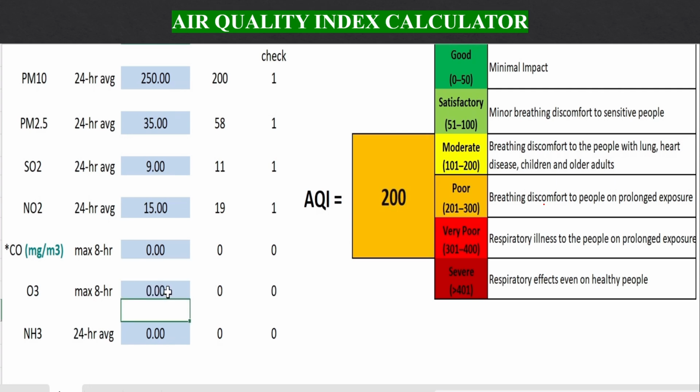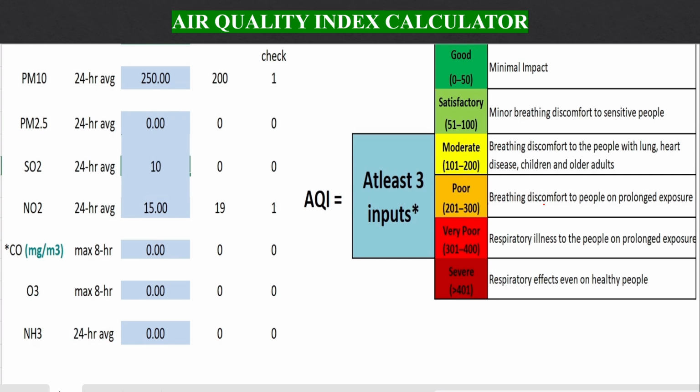I will remove some of the data because I want to show you that at least 3 inputs are needed. I remove all inputs, leaving only PM10, PM2.5 and NOx, and you can see that the air quality index is calculated. Now if I remove PM2.5, it shows that at least 3 inputs are required.